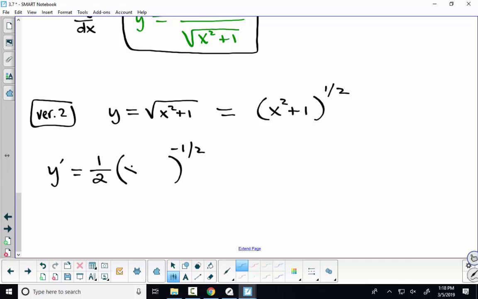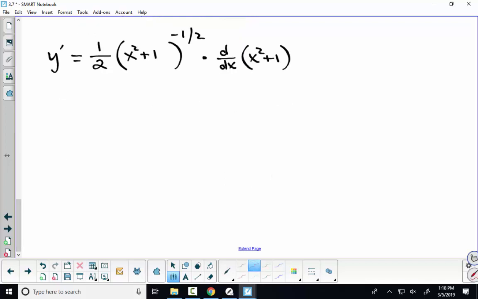And we're going to leave the inside alone. Then we multiply by the derivative of the inside. Again, I'll reference back the formula here. This is f prime of g, and this is g prime.